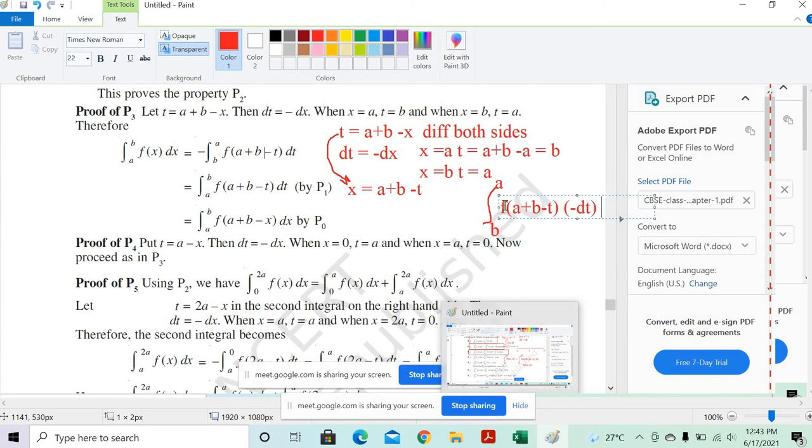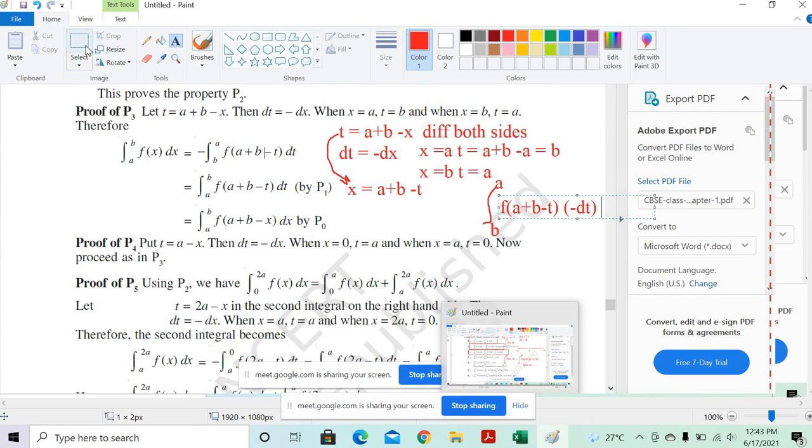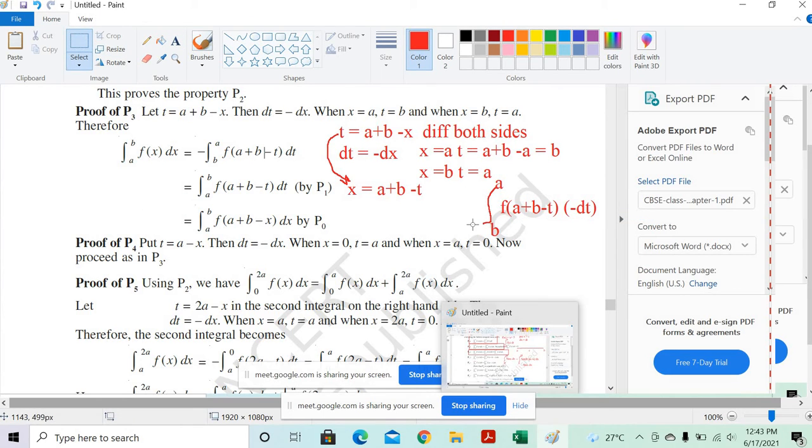Then you can change t to x, just as in the first property. You reverse the limits, so it becomes minus, and minus into minus becomes plus, correct? That's what you get by applying the property. Clear? Yes, sir. Clear.